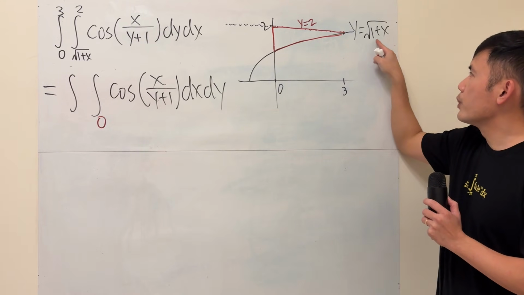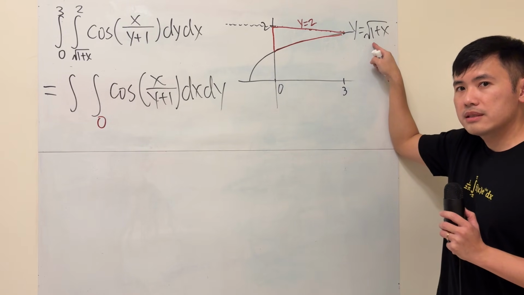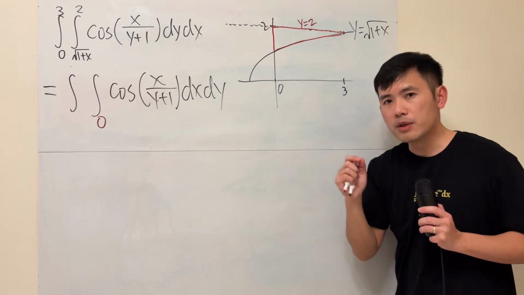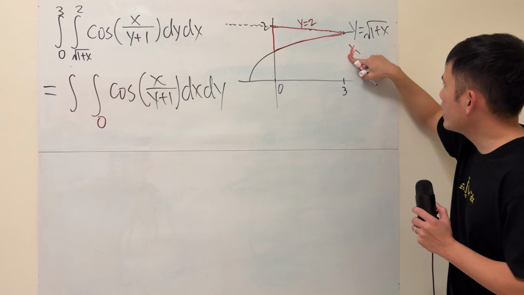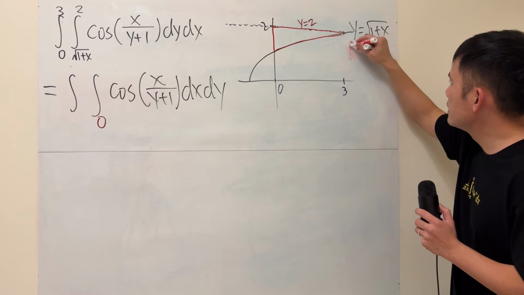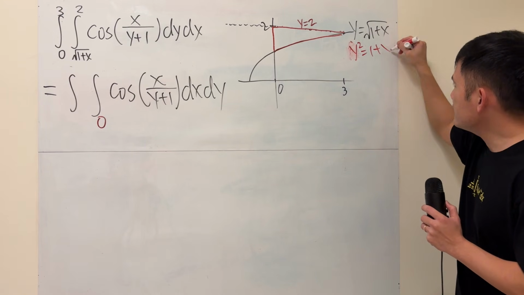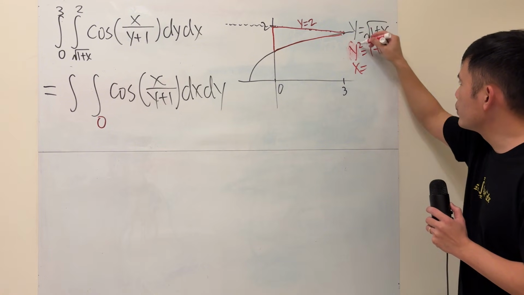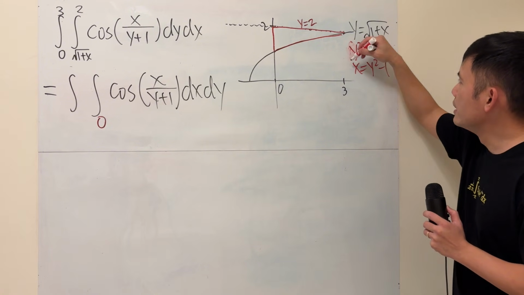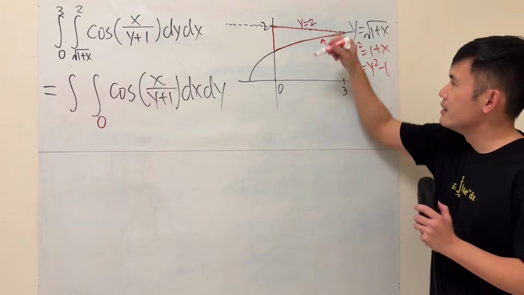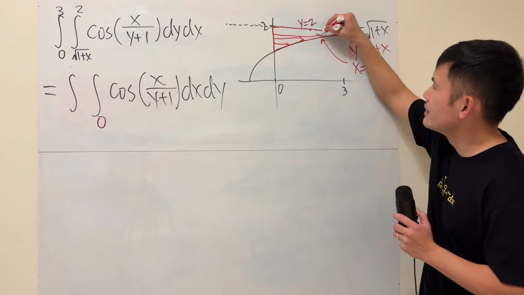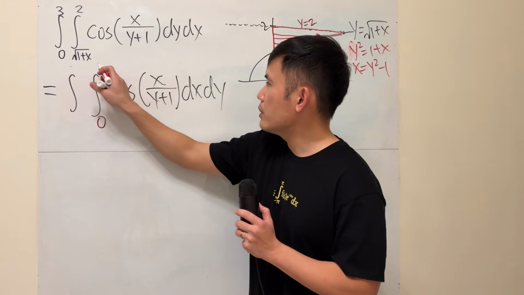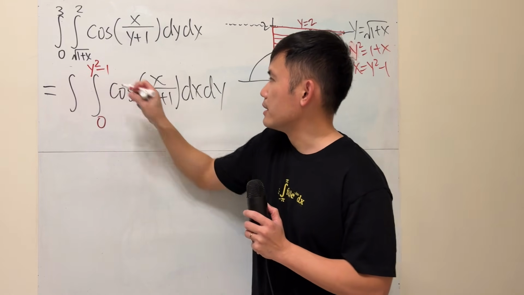We have y equals square root of 1 plus x. I need x in terms of y. So square both sides, we get y squared equals 1 plus x, and then subtract 1 from both sides. x is equal to y squared minus 1. So that's for this curve here. So we go from 0 to y squared minus 1.